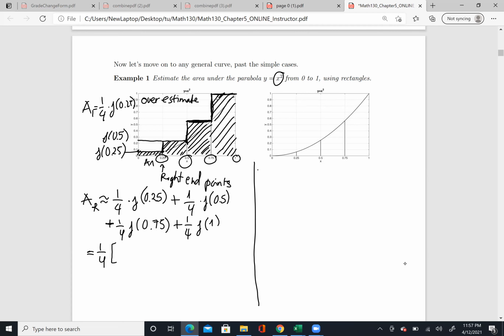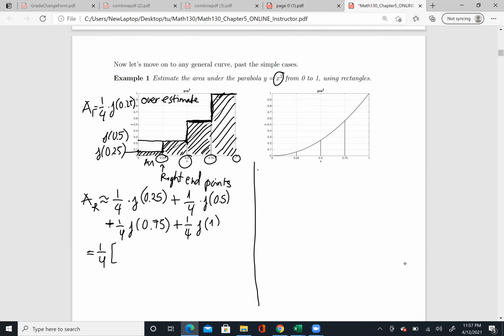Okay. So now that you understand the basic principle, we are free to start using technology, and computers are great at doing the calculation needed to estimate the area under the curve.